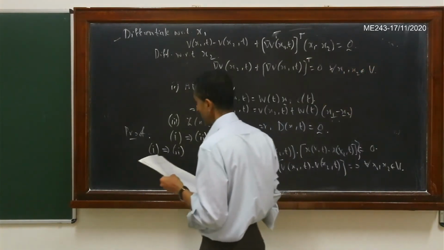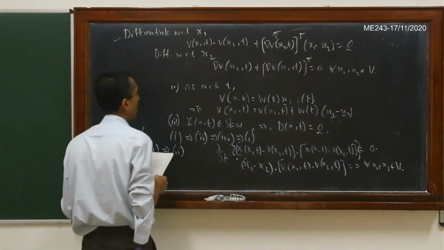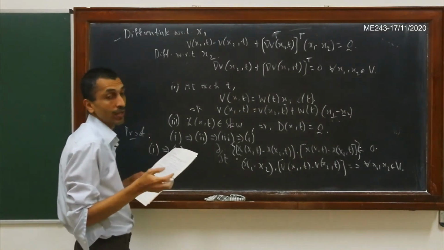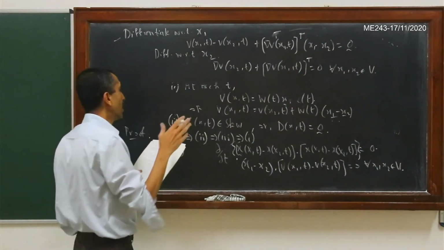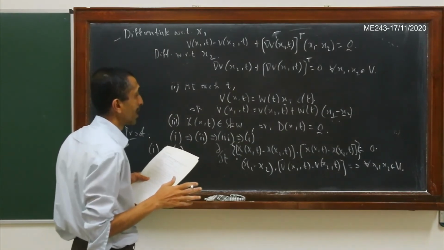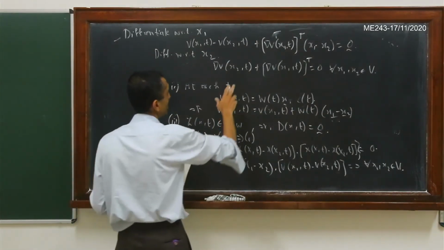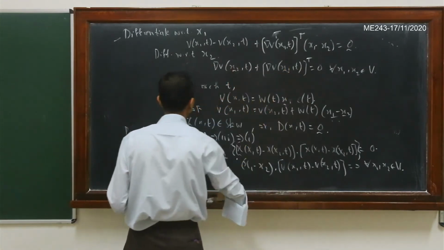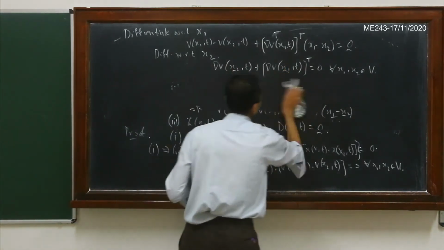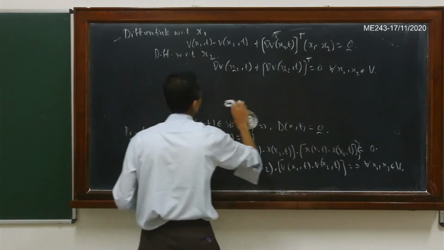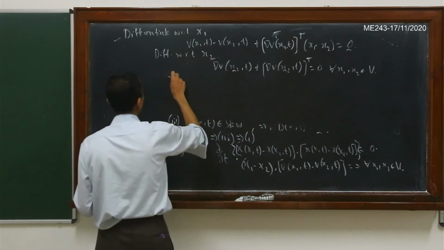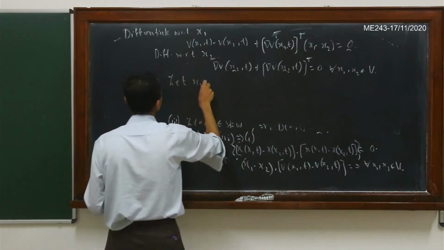Just similar to the proof of the first characterization, where we set capital X1 equal to capital X2, here in a very analogous fashion we will set small x2 to be x1. So let x2 be equal to x1.